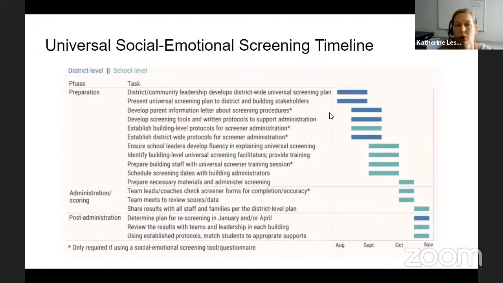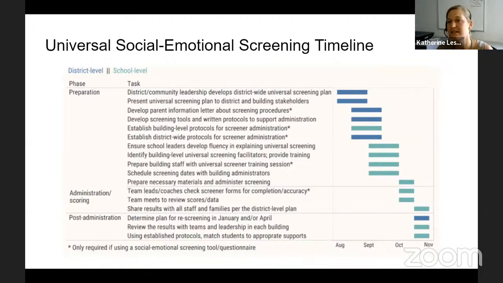Next, we wanted to go into a little bit about what a timeline would look like for doing the universal social emotional screening process. So I'm not going to read through all of this, but we really do like the phased approach, and beginning to think about the screening process even before the school year has begun is really critical, because you want to be able to capture where students are at generally by October.